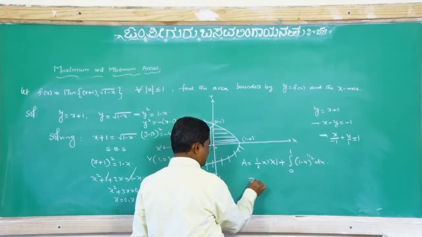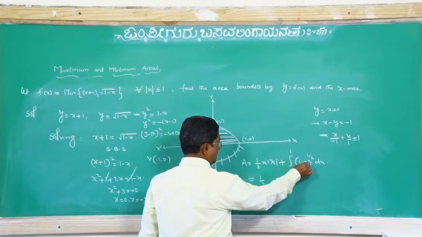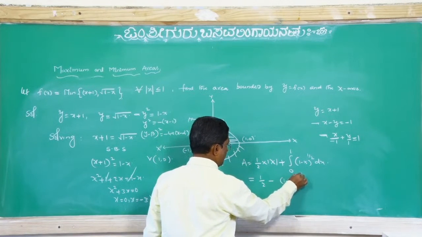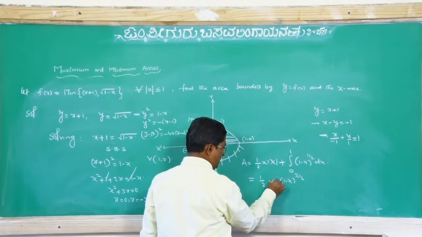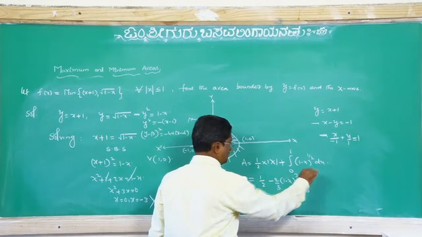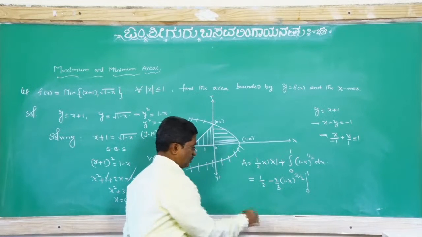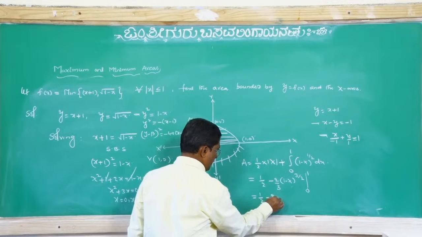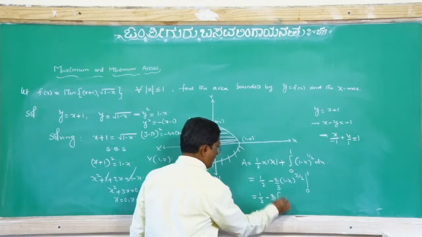So, this is equivalent to 1 by 2, this integration, minus of (1 minus x) whole power 3 by 2 divided by 3 by 2, nothing but 2 by 3, over the interval 0 to 1. So, calculating, this becomes 1 by 2 minus 2 by 3 into f of upper limit.